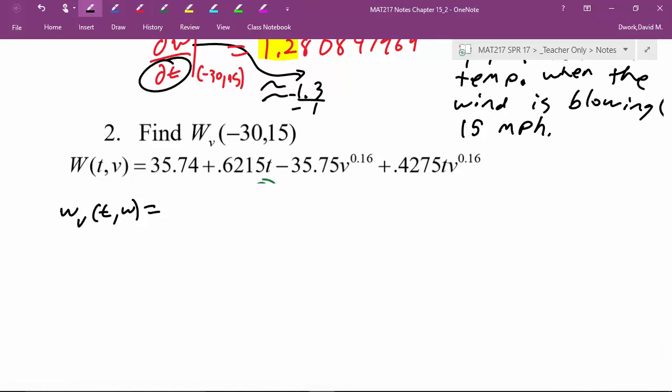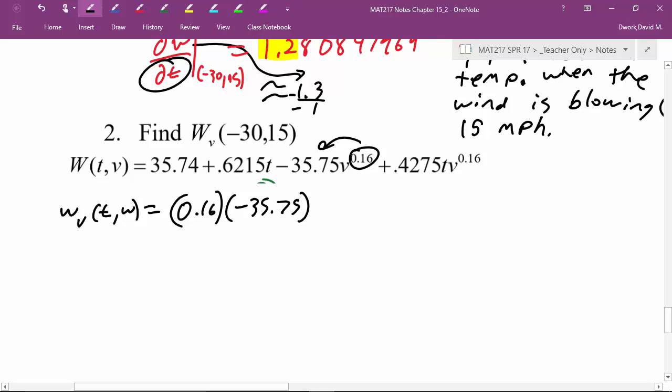Sometimes this looks scary, and sometimes students say, I didn't know what to do. Well, it's just a power rule. The exponent's a 0.16, so bring it out to the front. So this would be 0.16 times a negative 35.75 v. Now, I have to do my exponent, which is 1 minus 0.16. Try again.